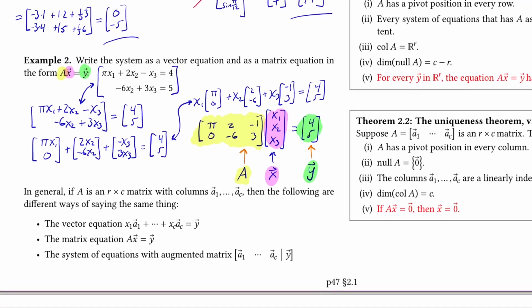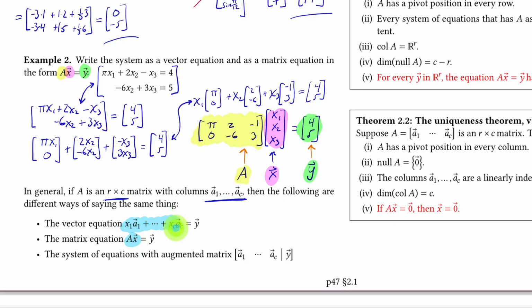Okay, so in general, if A is an R by C matrix and the columns are labeled A1 through AC, then the following are different ways of saying the same thing, just like this example. The vector equation, where these vectors are equal, but the definition of AX is that linear combination.